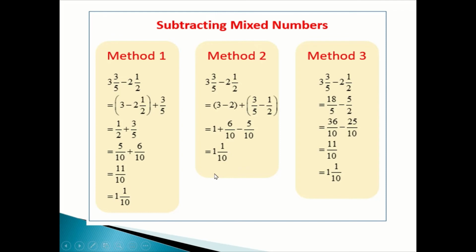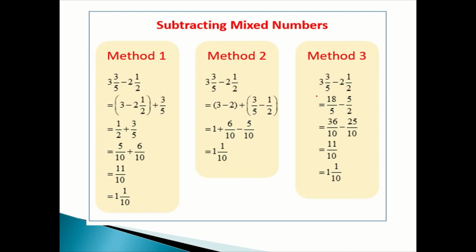Subtracting mixed numbers. Here we have method 1, method 2, and method 3. Either of the three methods, you will get the same answer. But if I were to choose in subtracting mixed numbers, I'd rather choose converting it first to improper, which is the third one.